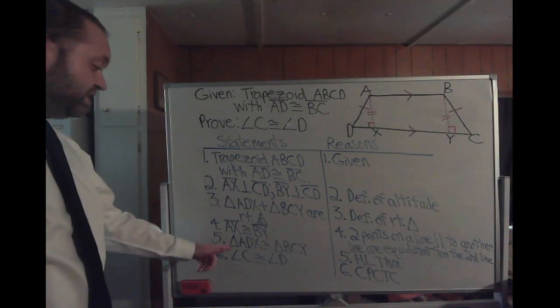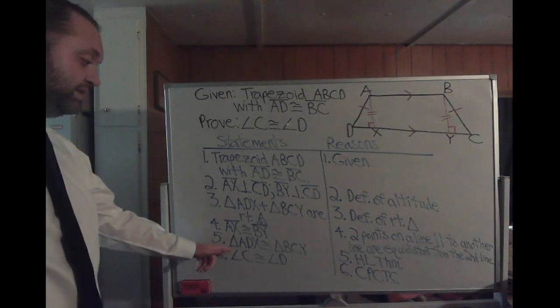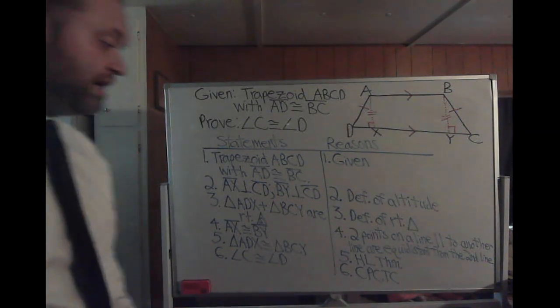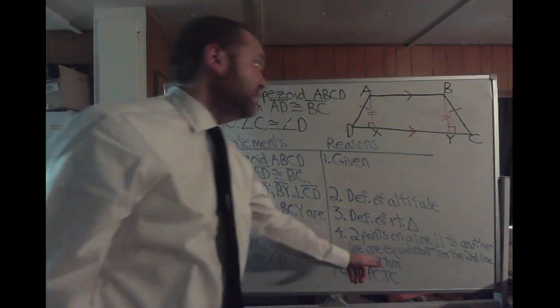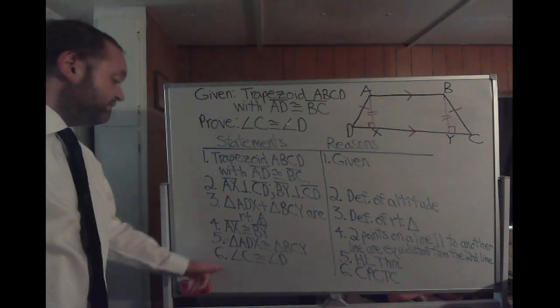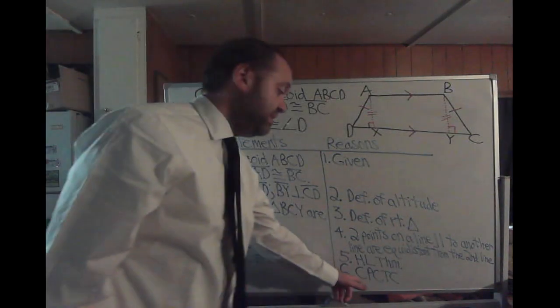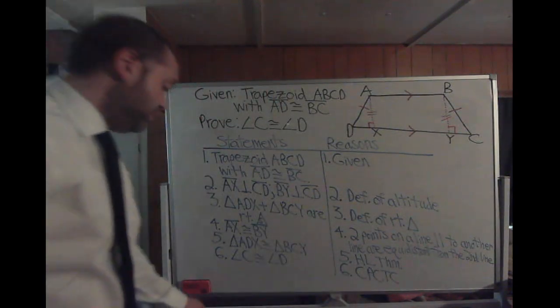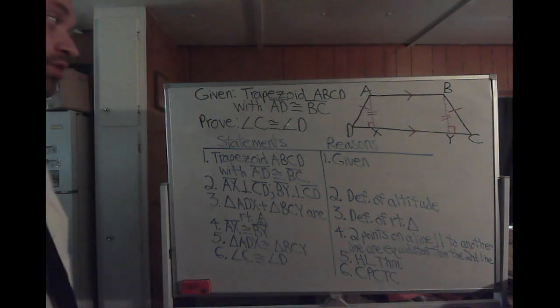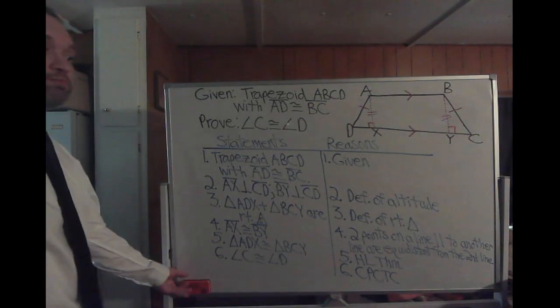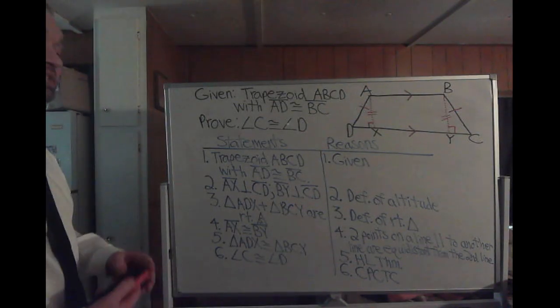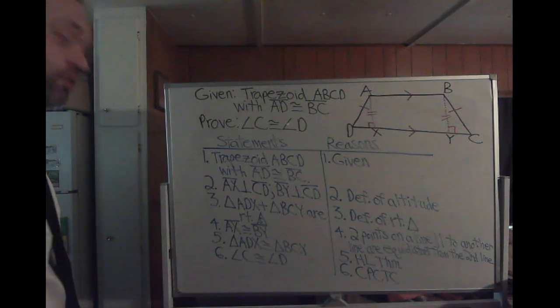This enabled us to conclude that triangle ADX is congruent to triangle BCY by the hypotenuse leg theorem, the HL theorem. And then finally, we could say that angle C is congruent to angle D by CPCTC, corresponding parts of congruent triangles are congruent. So there is your proof that base angles of an isosceles trapezoid are congruent.